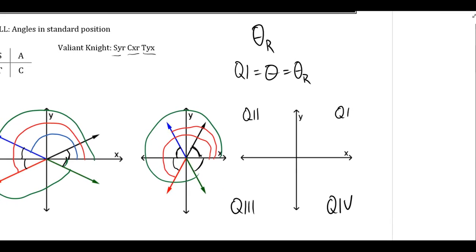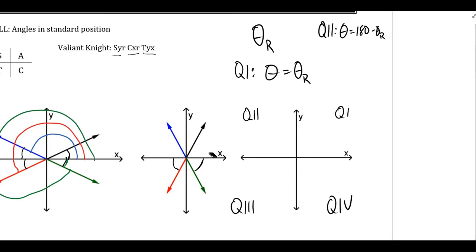In quadrant 2, theta is going to be equal to 180 minus theta related. So if I got rid of all this, I would go around to 180 and then subtract to get back and figure out what's left.